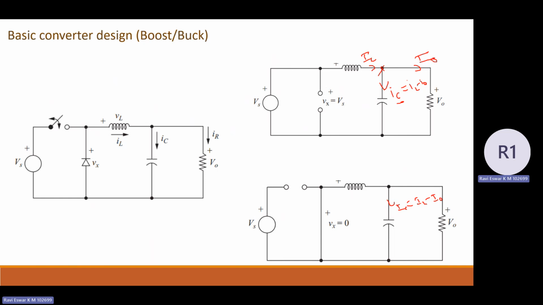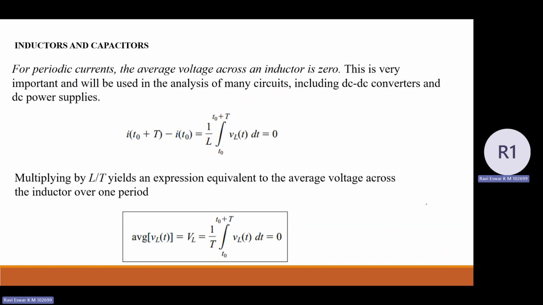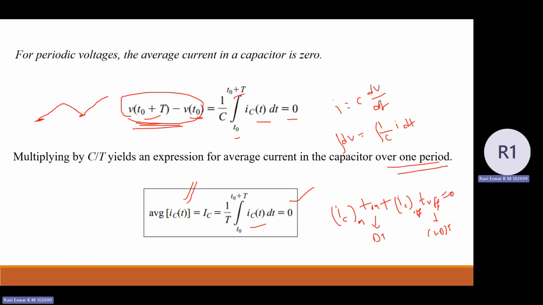If I apply the rule that the average current through a capacitor is 0 over a time period, using the same equation I can take (IL minus I naught) into D plus (IL minus I naught) into (1 minus D).